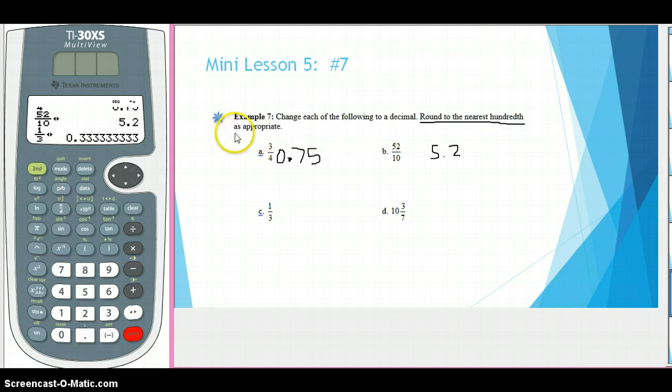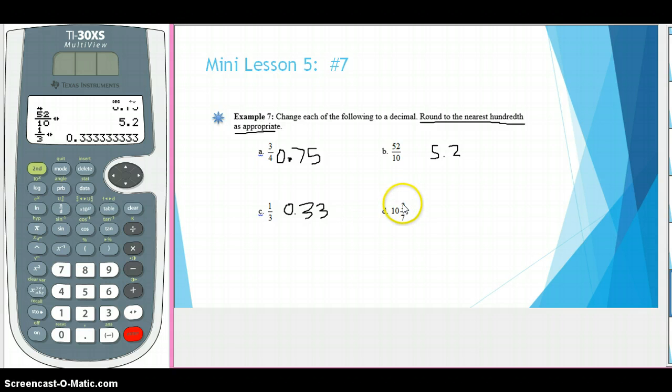Well, in this case, it's appropriate to round because we have a repeating decimal and we can't write this all out. So we're going to round to the nearest hundredth, which would be 0.33. So this is the thousandths place. It's less than 5, so I would not add 1 to this 3, and I drop the rest of the numbers.